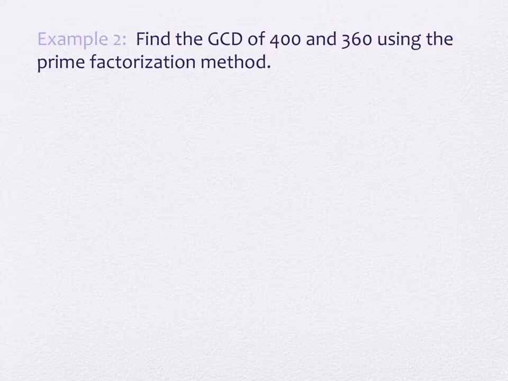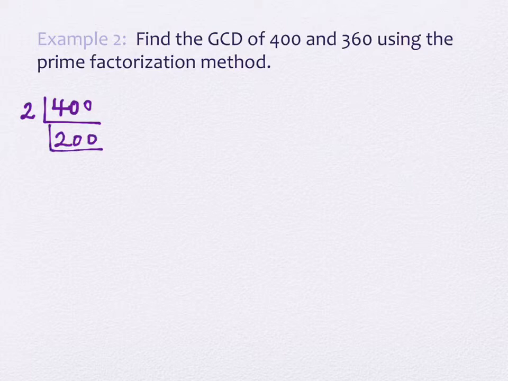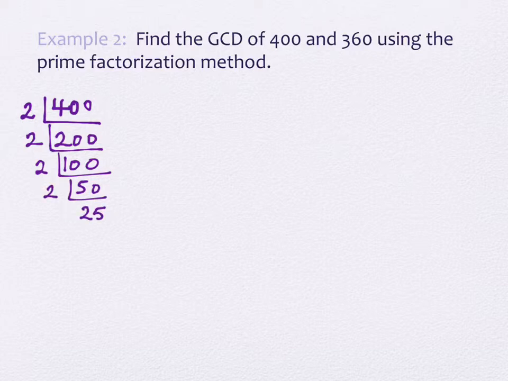Our first number is 400, and I know I showed you how to do factor trees and how to do these division algorithms where it breaks it down, and I'm going to do the division algorithm on this one. So 400 divides very nicely by 2 to give me 200, which divides by 2 to give me 100, which divides by 2 to give me 50, which divides by 2 to give me 25, which divides by 5 and 5.